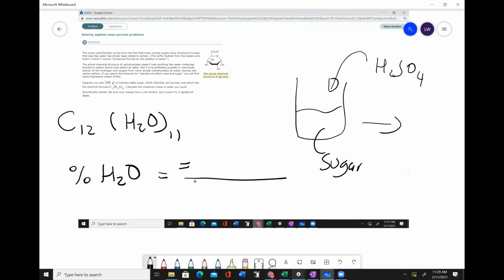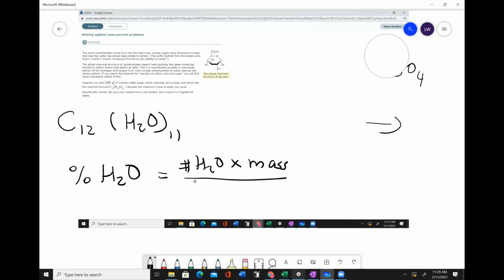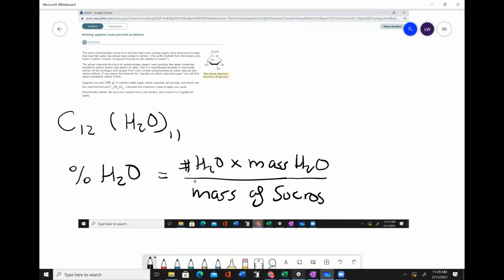We're going to take the number of waters, which will be 11, times the mass of water, which we can calculate, the molar mass of water is about 18.02. Then we're going to divide that by the mass of the whole sucrose compound, and then times it by 100.